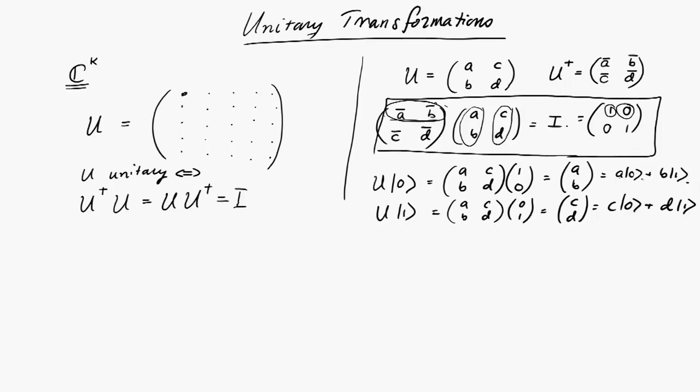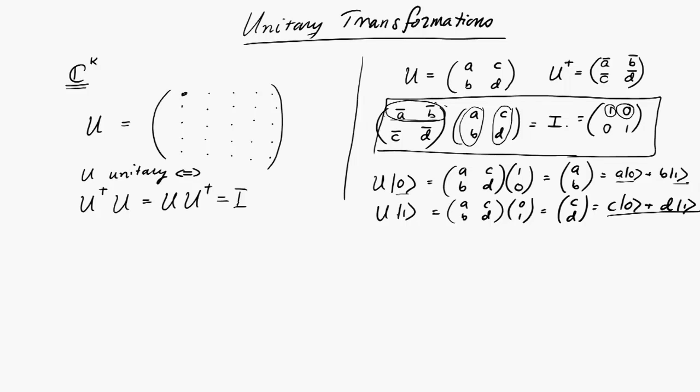So that tells us that the length of this vector is 1, and similarly, the length of this vector is 1. So what this tells us is that what a unitary transformation does, at least for a 2 by 2 unitary, is it maps the 0 vector and the 1 vector both to unit vectors, which are also orthogonal to each other, which is what we expect from a rotation of the space.